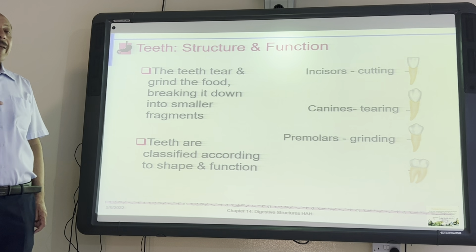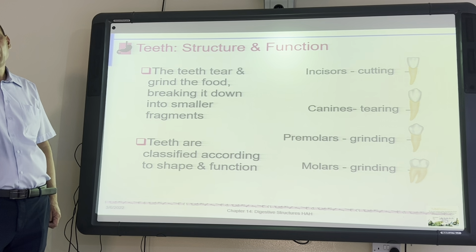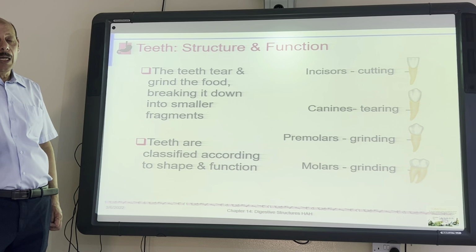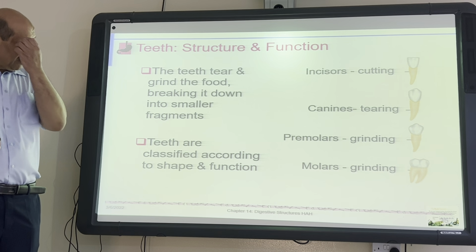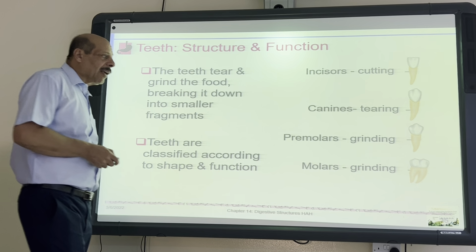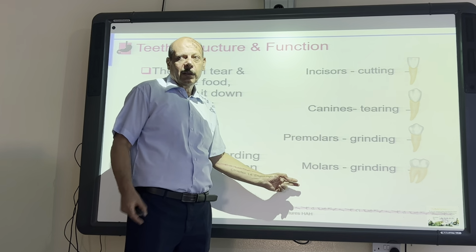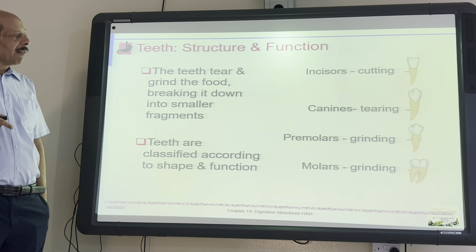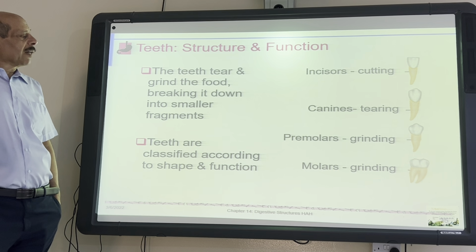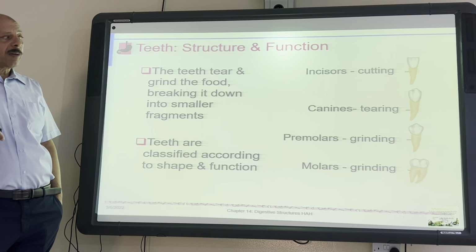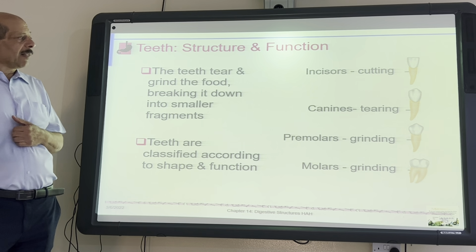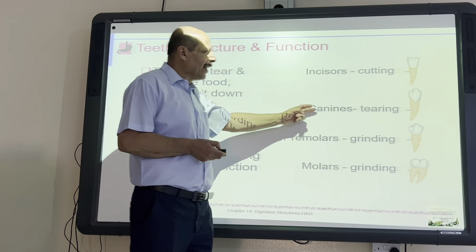Then we have the molars, which also grind the food. So grinding happens in the premolars and molars, which are the grinders. Then the incisors and canine teeth, and then premolars and molars for grinding, and the canines are for tearing, which are the fangs.